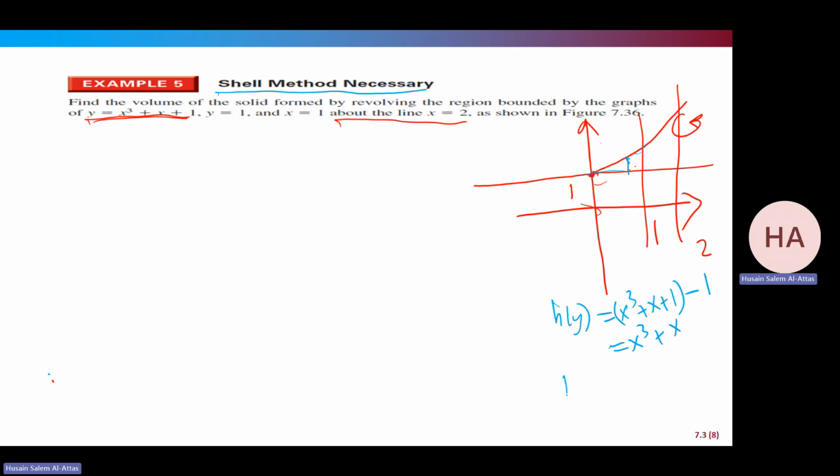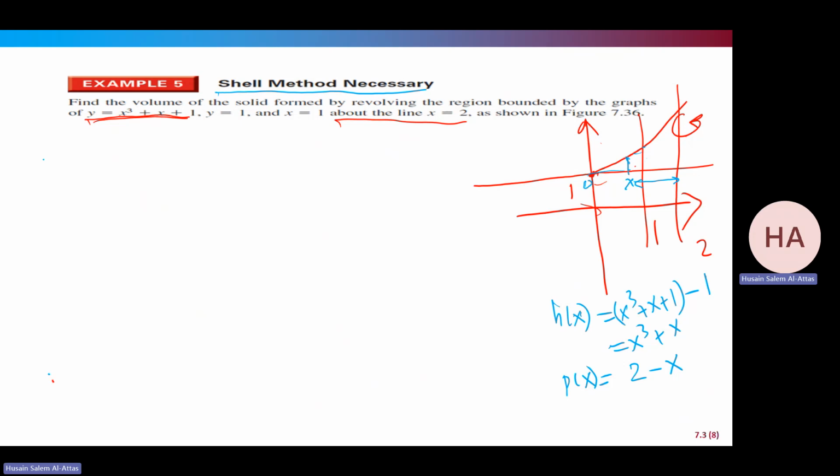What is p of x? If this is x, I want the distance between this and the axis of revolution. So it will be 2 minus x. That will be p of x. And from where to where? Very clear, from 0 to 1.